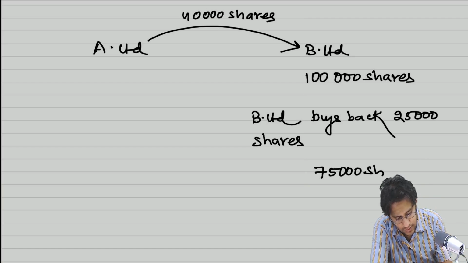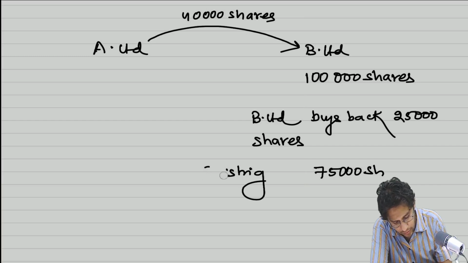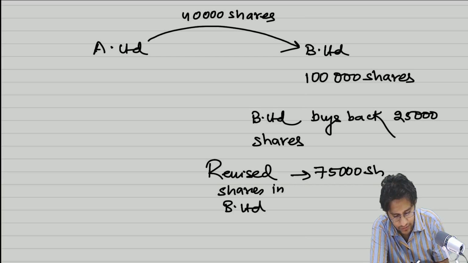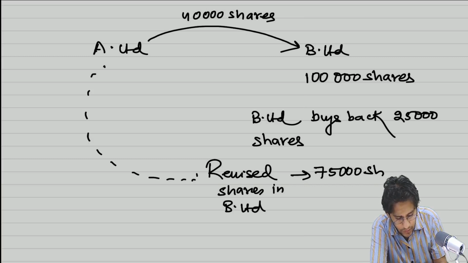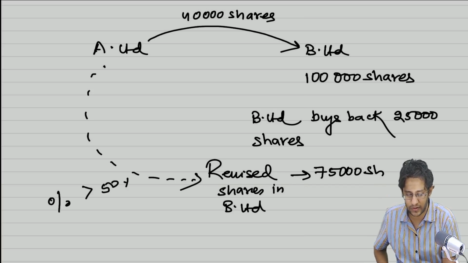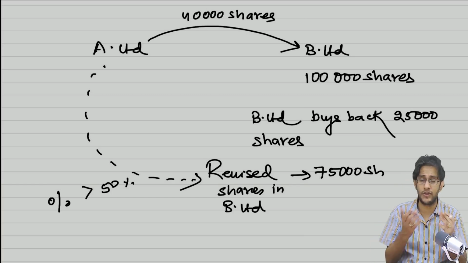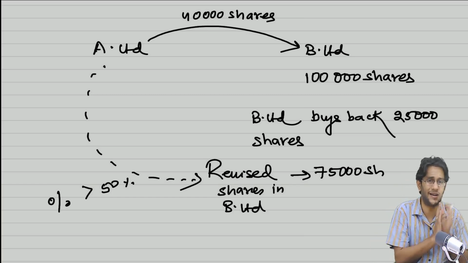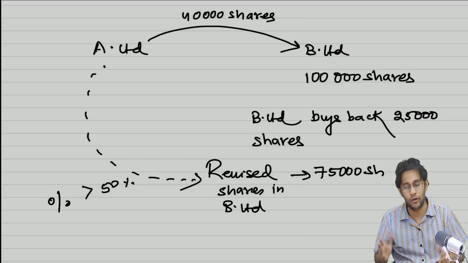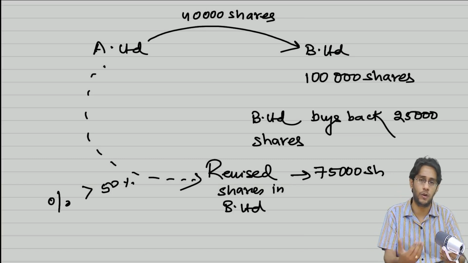The revised shares in B Limited after buyback is 75,000. If you see now, your A Limited percentage of holding is now more than 50%. Because total 75,000, you did not offer your shares under buyback. So 40 divided by 75, you are definitely majority. Suddenly you observe you are having control over B Limited.